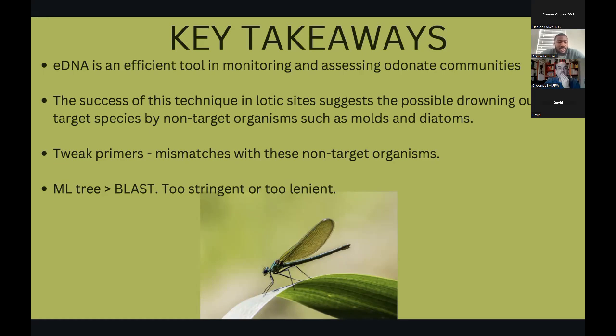So we try to incorporate a maximum likelihood tree, where we concatenate our DNA sequences with our reference sequences and build a maximum likelihood tree, and we are able to get good species level ID, especially with clades that have high bootstrap support.